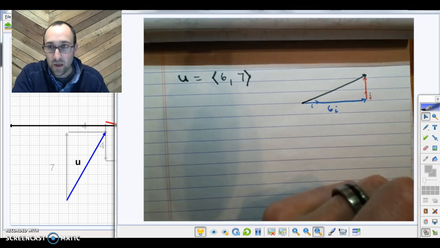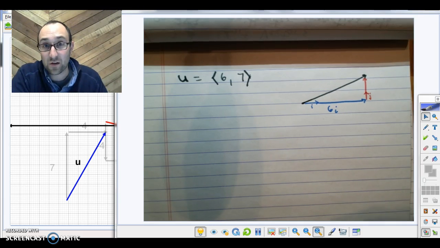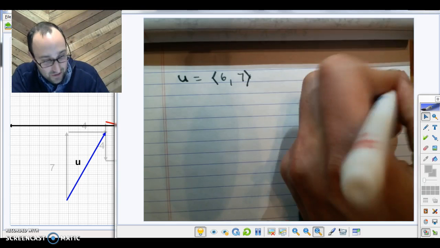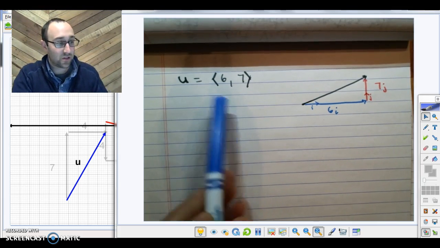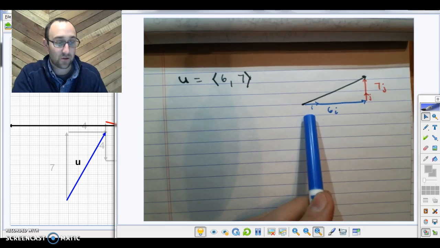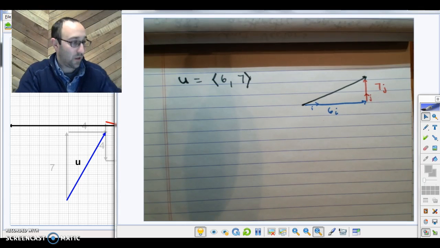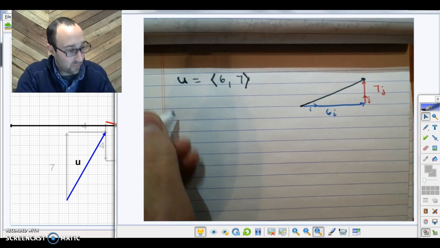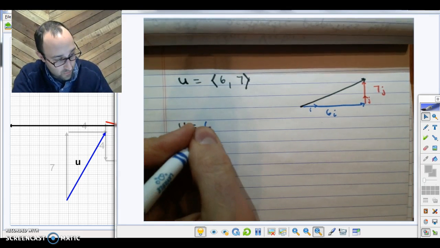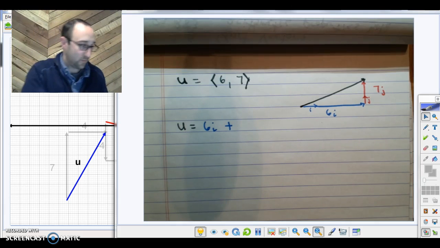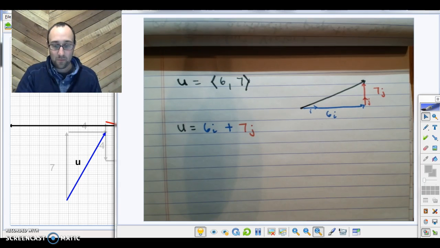It's going up 1. If I want it to go up 7, what do I have to multiply j by? My scalar? It would be 7. 7j. So if I wanted to rewrite this vector in terms of my unit vector components, 6 for i and 7 for j, I could rewrite u as u equals 6i plus 7j.